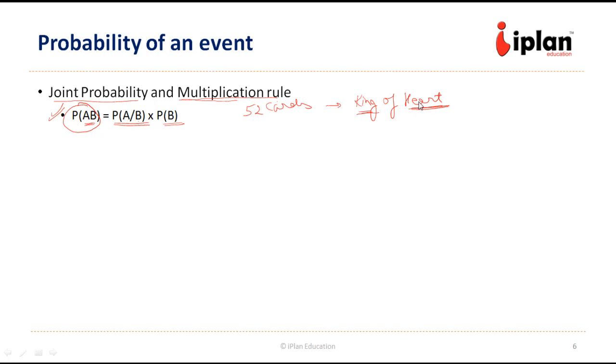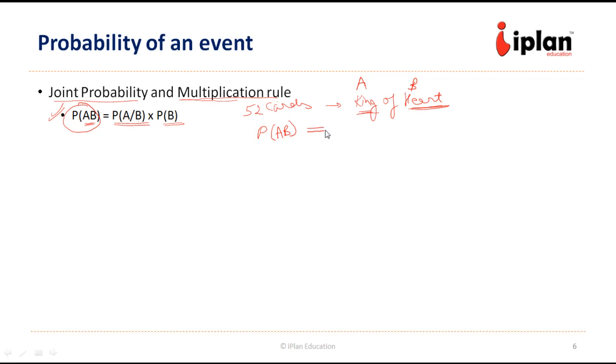Both are not independent of each other, both can occur simultaneously, so they are not mutually exclusive. So we need to find out the joint probability of these two events. Let us say being a king is event A and being heart is event B. We need to find out joint probability AB.